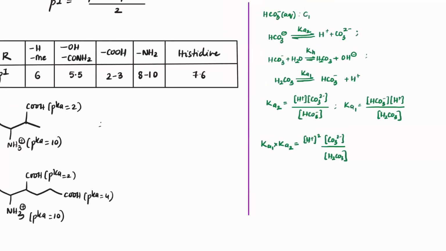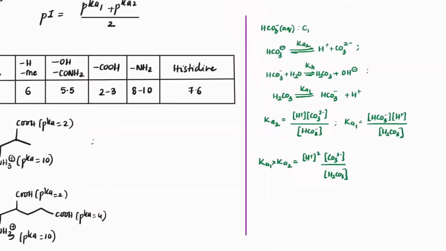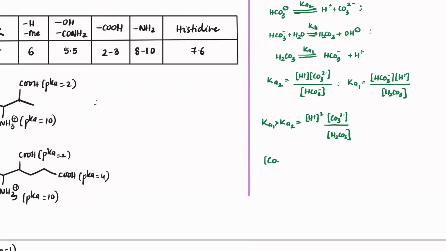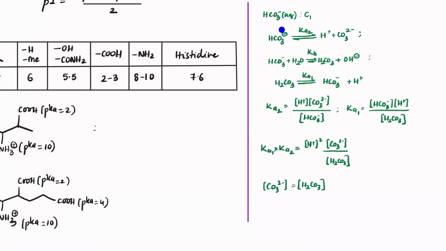Now this is what happens. The first dissociation is very weak here, Ka2 is very weak, and at the same time Kh is also very weak. Hydrolysis is a very weak reaction, and the second dissociation is extremely weak. So we can assume that carbonate ion and H2CO3 concentrations are equal, which means maximum existence is in HCO3- only.